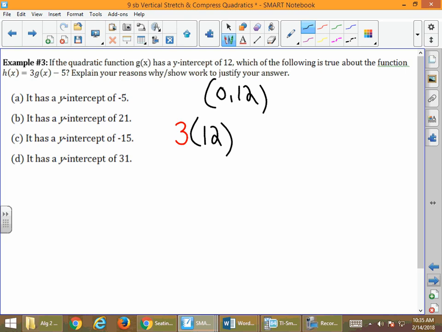Well, guess what? This one's minus 5. This one's going to be moving it down as well. So here's showing work to justify our answer. 3 times 12 is 36. Minus 5 is 31. So which of these has a y-intercept? It's the y-intercept of 31.